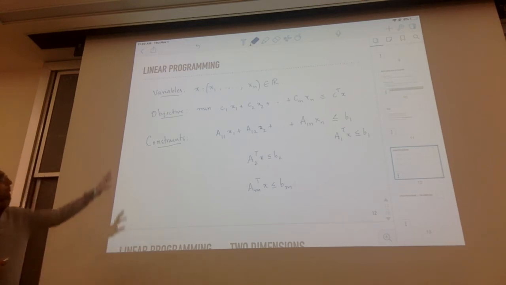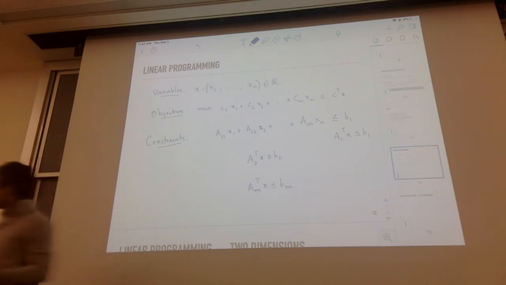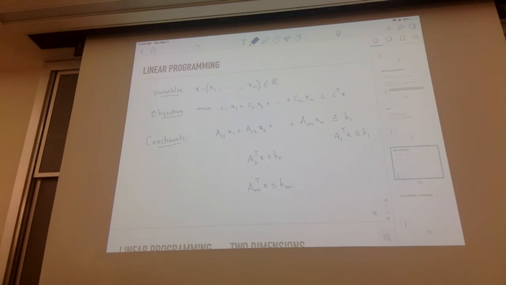Alright, so how do we think about linear programming? The main idea that I want to emphasize is that you can always think of these constraints as defining a small portion of n-dimensional real space. This viewpoint is very useful for all algorithms.